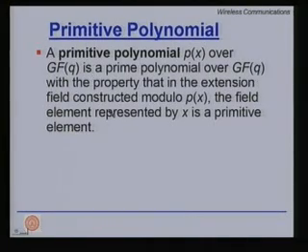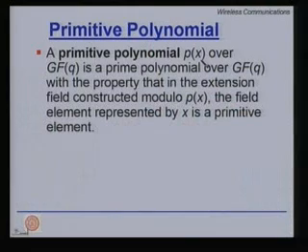So, let us go over this definition again. It appears complex, so let us break it up. We are talking about a primitive polynomial P of x. It must have certain properties. First of all, it is irreducible over GF(q). It is also monic, so it is a prime polynomial over GF(q).